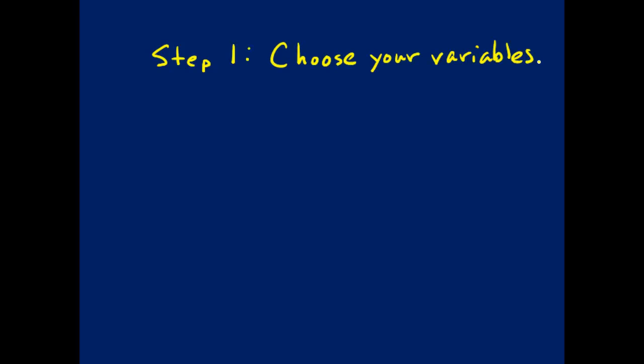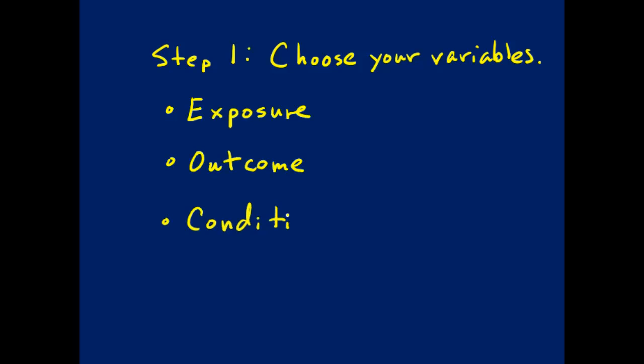To get started, the first step is that you need to choose the variables from the data sets that you're going to use in your models. You're going to need the variable or variables to construct your exposure measure, your outcome measure, and then all of your conditioned variables.